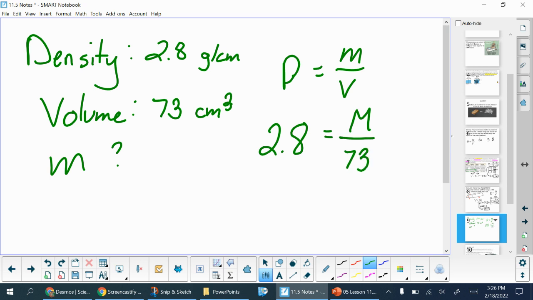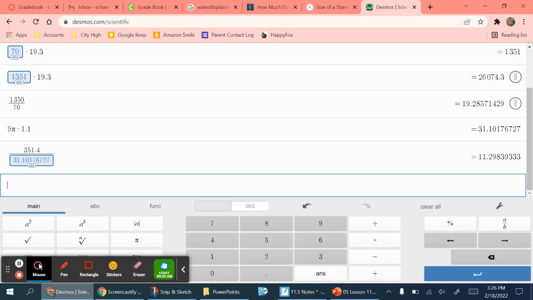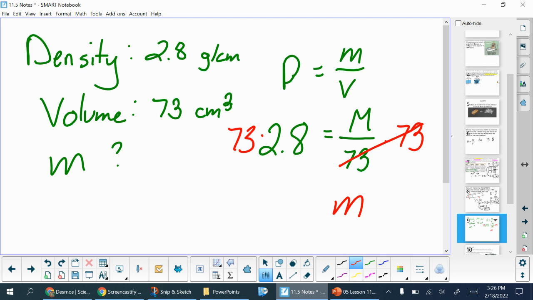Volume I do know. To solve that equation, I can multiply by 73 on both sides. Then I could just punch that in my calculator. 73 times 2.8 is 204.4. So my mass would be 204.4 grams.